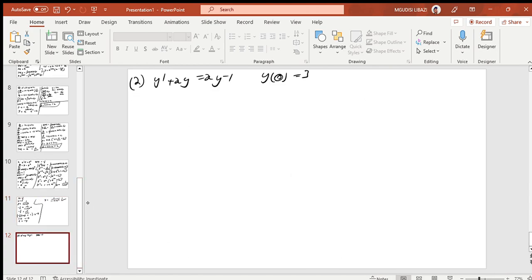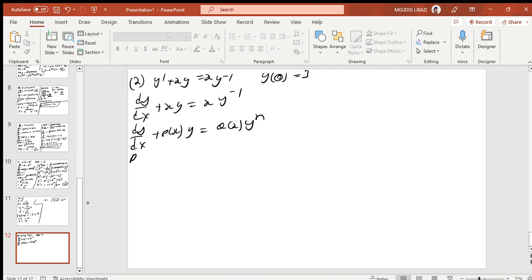So coming here, we're gonna get dy over dx plus xy is equal to x y to the minus 1. So you can see now it is in the form dy over dx plus p of x multiplied by y, which is equal to q of x y to the n, where our p of x is equal to x, and then our q of x is equal to x, and then our n is equal to negative 1.